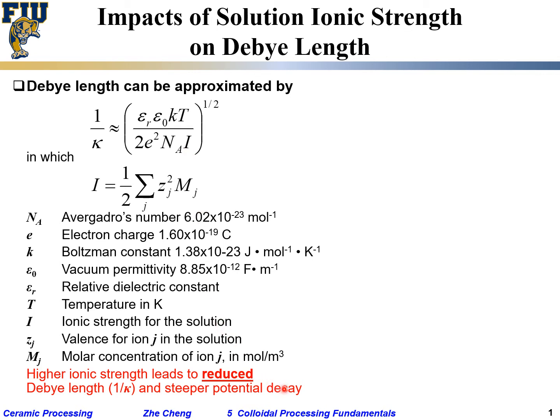What it means is your double layer got squeezed and you have more electrolyte in your solution or suspension, and the potential drop becomes steeper. Remember, 1 over kappa is the distance at which the surface potential drops to 1 over E of it. So if this distance gets shorter and shorter, it means the potential drops quicker.